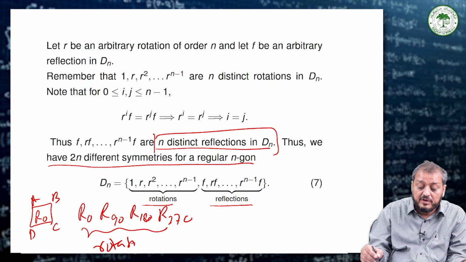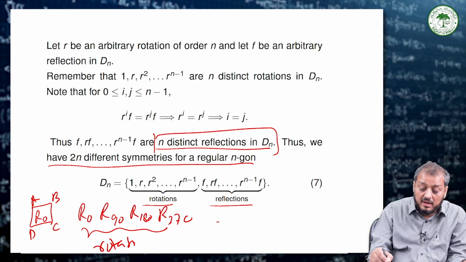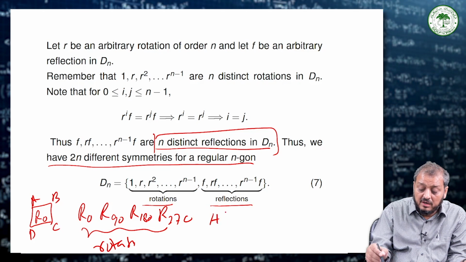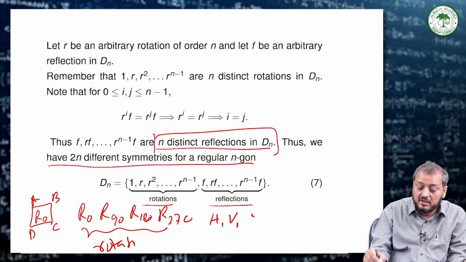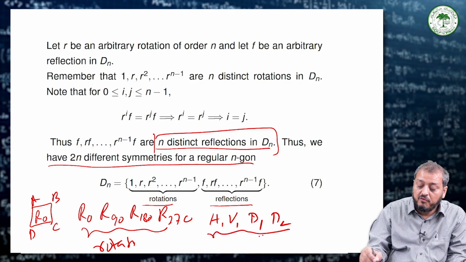And now we have the reflections: along the horizontal, the vertical, diagonal 1 and diagonal 2. So we have 4 reflections.